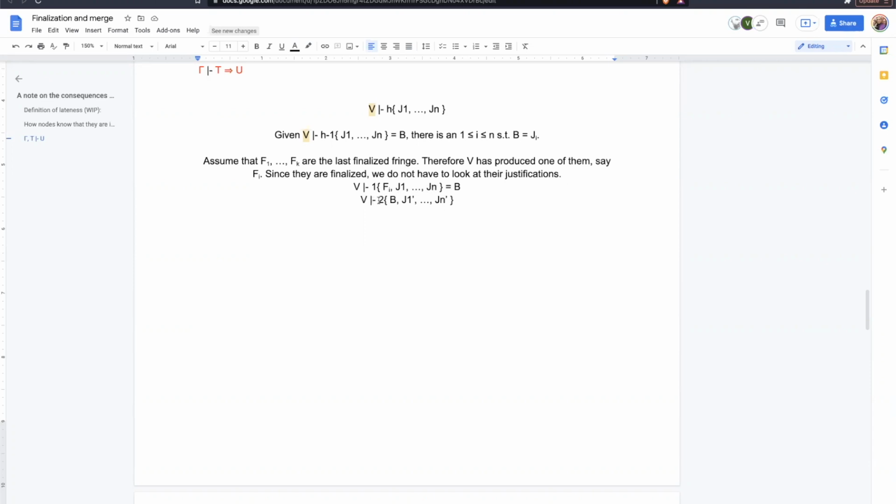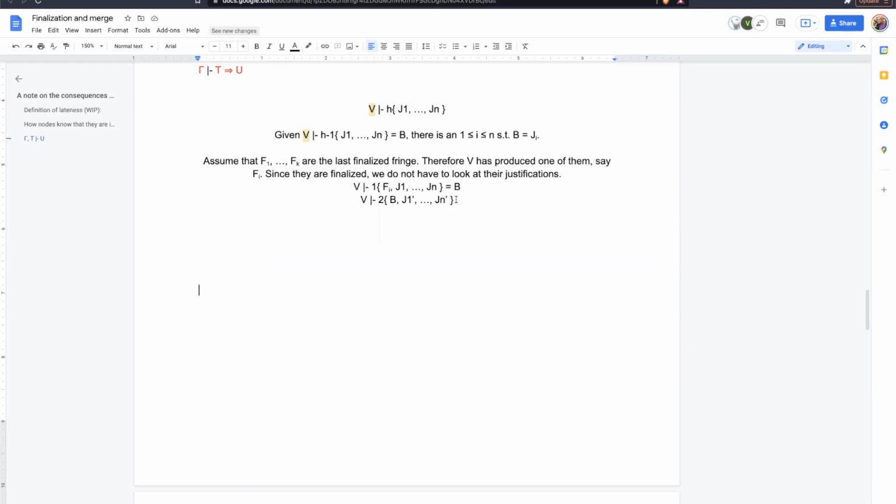V thinks that at height 2, the block that it's producing at height 2 is justified by B, which is this one, and J1 prime through Jn prime. So that's the English reading of these symbols. Are we comfortable with that? Yes. Okay. All right.